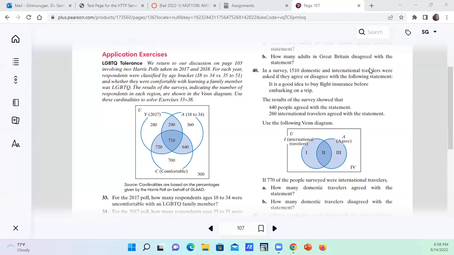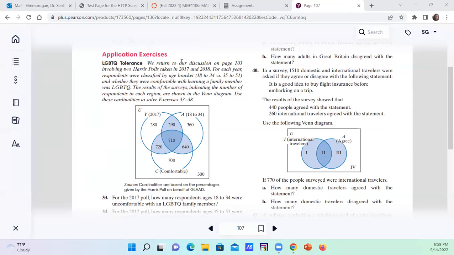So here is the example that contains 3 sets. It is on LGBTQ tolerance. It involves 2 polls. The first set, Y, corresponds to polls taken in 2017 and 2018.